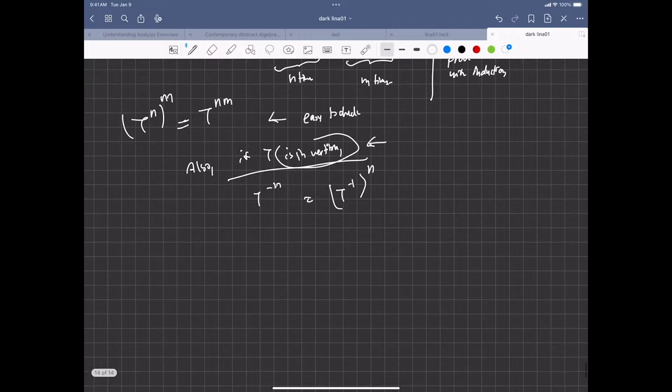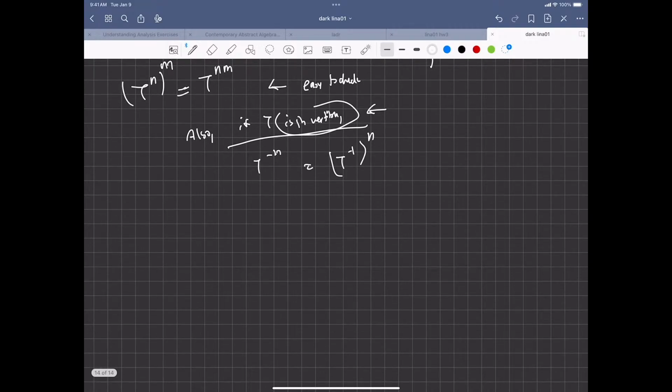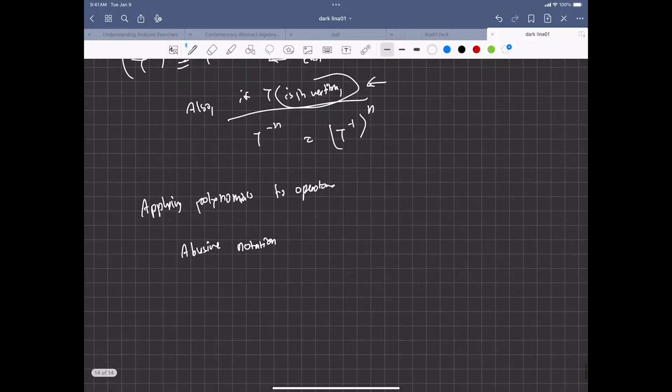So now we can talk about applying polynomials. Here we're going to basically do what's called abuse of notation. Again, let T be a linear operator. Let p be a polynomial.